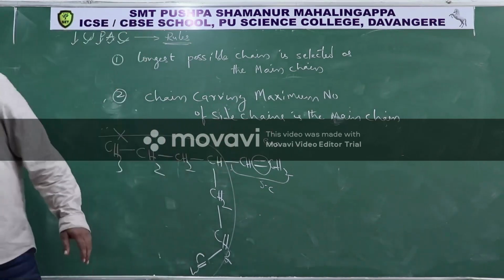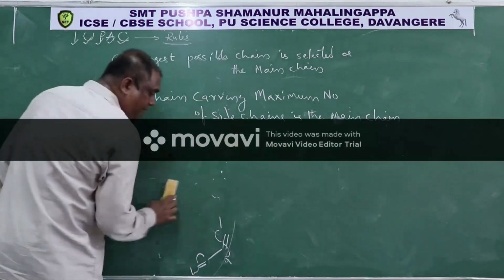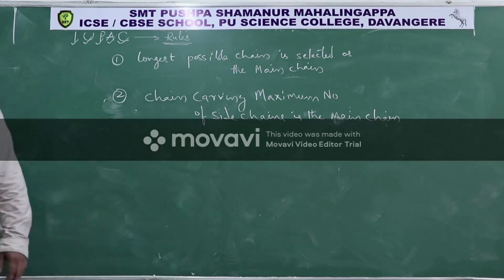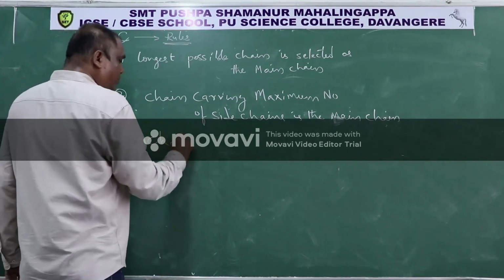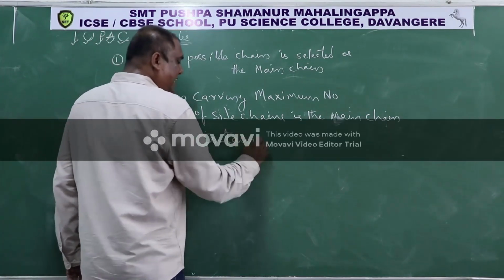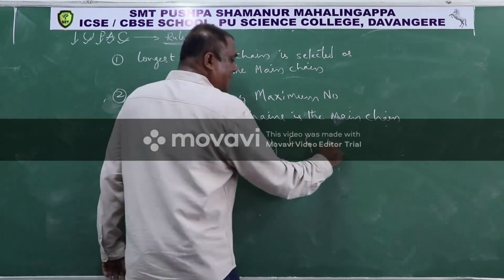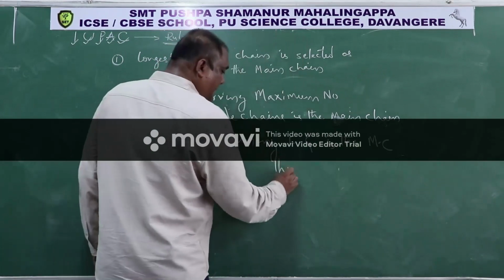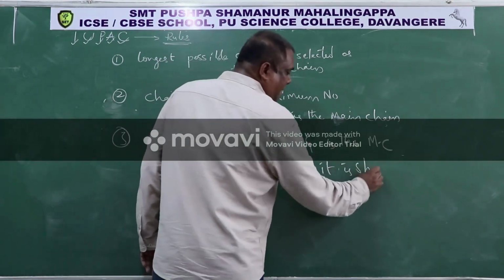So rule number 3 is the chain containing functional group is the main chain though it is short.